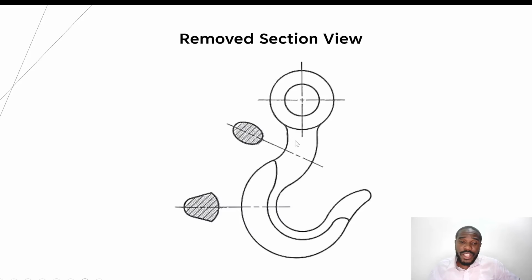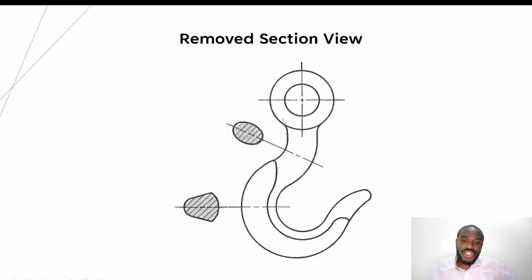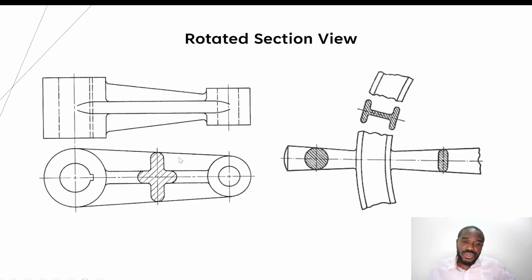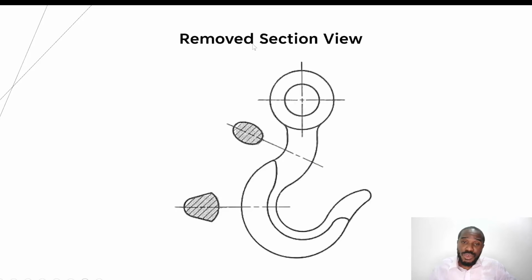And then here you have removed section, which is quite similar to rotated section, just that you do not leave it at the point of sectioning. With the removed section view, you have your section plane, you rotate that view through 90 degrees, but you move it away from the body itself.